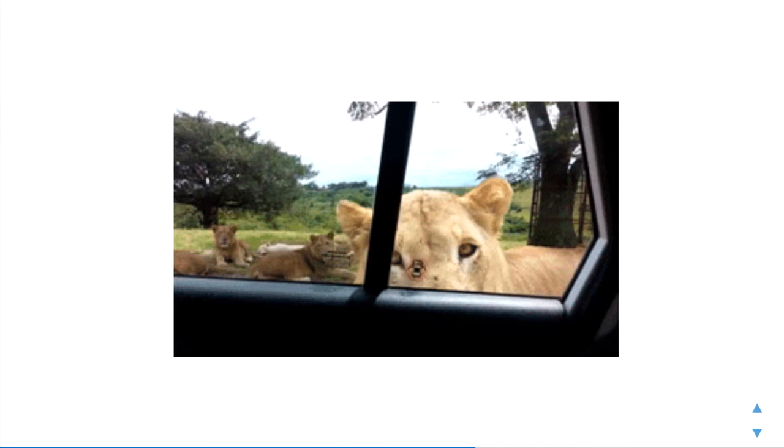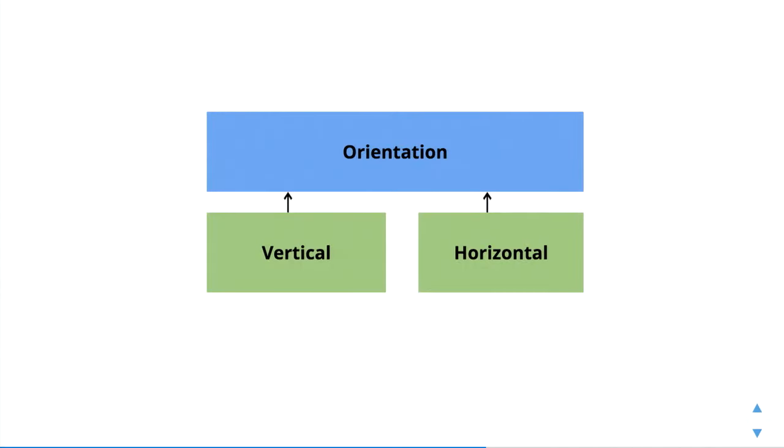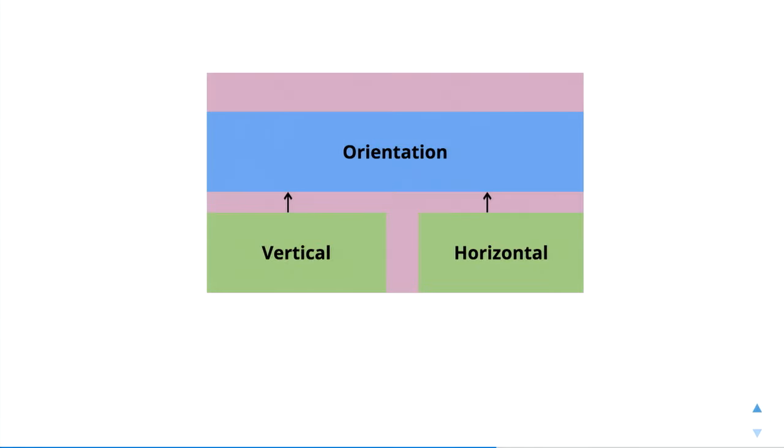You might be wondering, why do you have so many classes? That's so annoying. Well, it turns out that it's not too many classes. I'm just trying to express a different idea. When you have orientation, either for inheritance or interfaces, you have vertical and horizontal creating some sort of hierarchy.